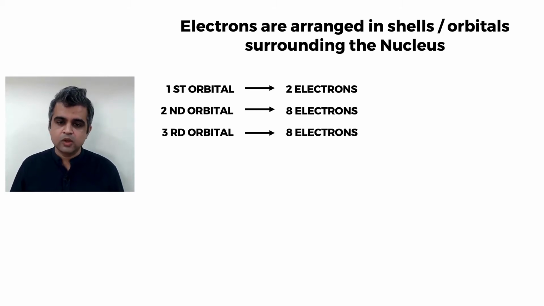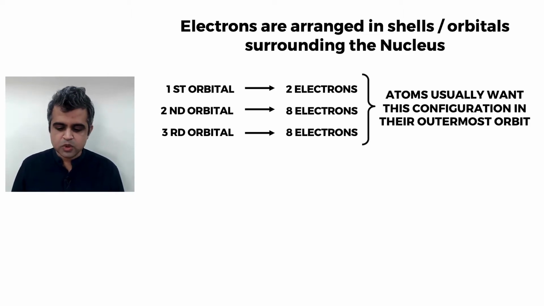Of course, depending on the number of electrons, there will be more orbitals, but for all atoms that are biologically important, it is enough that the first orbital needs 2, the second orbital needs 8, and the third orbital also needs 8. So to achieve maximum stability, this is what an atom wants. So atoms usually want this configuration in their outermost electron orbit.